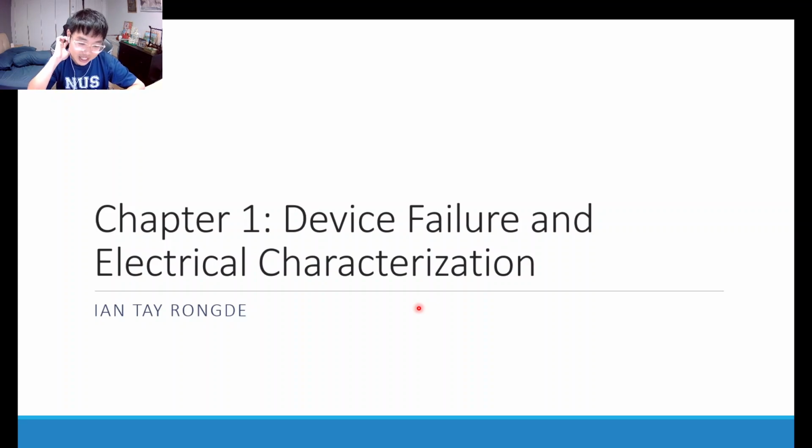So let me first say a certain disclaimer. My background, which is my bachelor's degree, is in material science and engineering, so actually not in electrical engineering. So this aspect of electrical characterization is not my particular area of specialization. I'm more specialized in the area of characterization of the material properties and material structure.